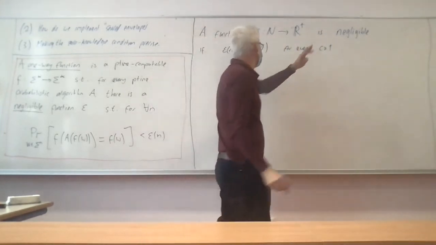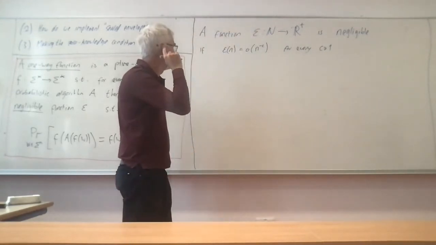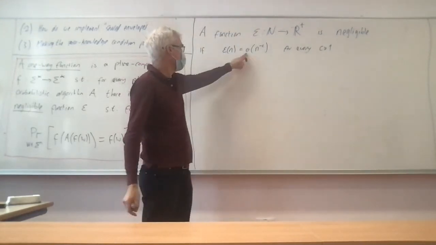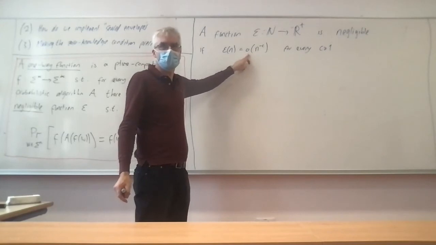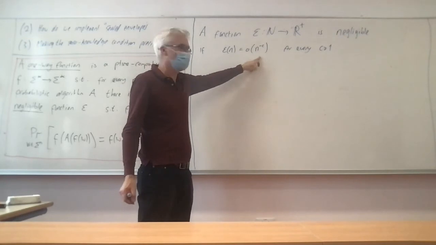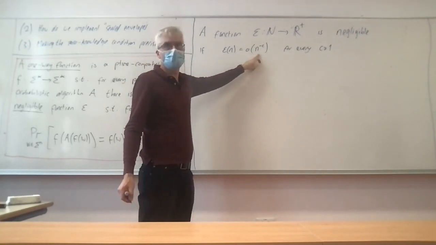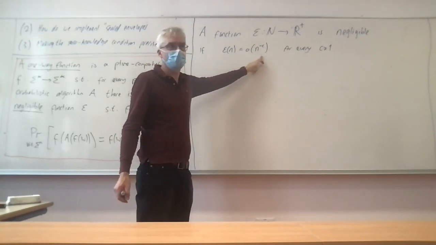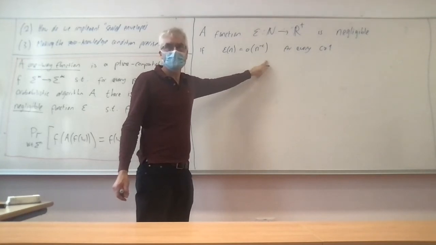I guess greater than or equal to 0 is fine as well. Remember, this means dominated by: smaller than any constant multiple of this function. So it's smaller than 1 over n squared, smaller than 1 over n cubed, smaller than 1 over n to the 4th.